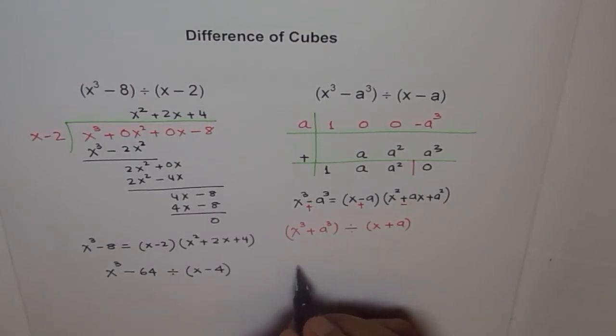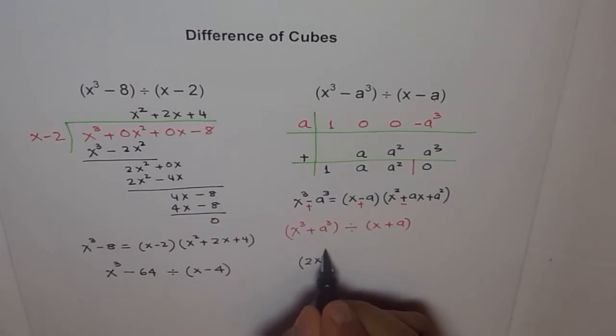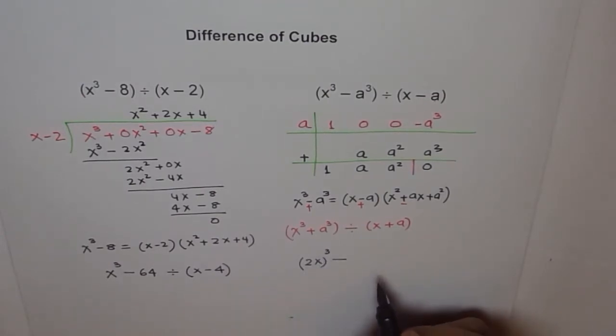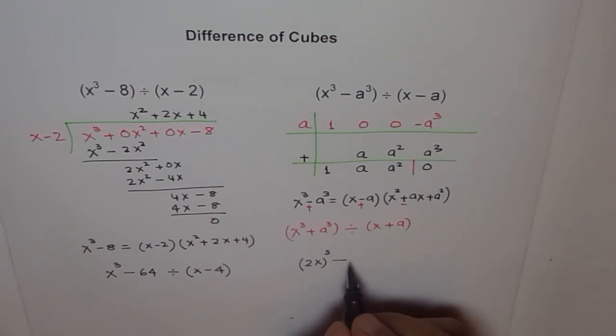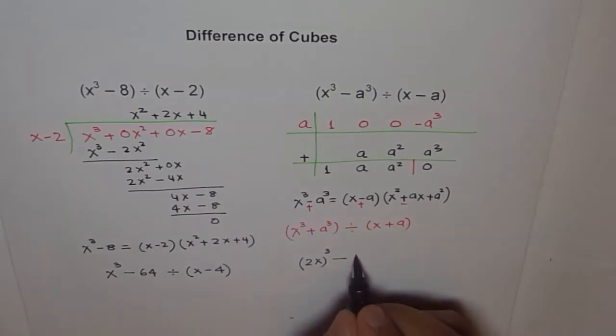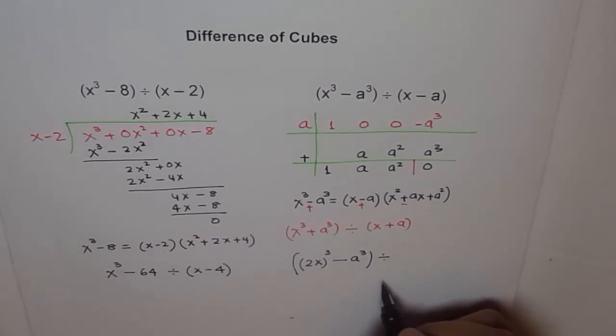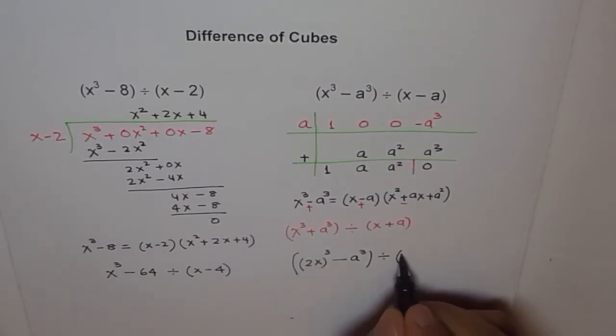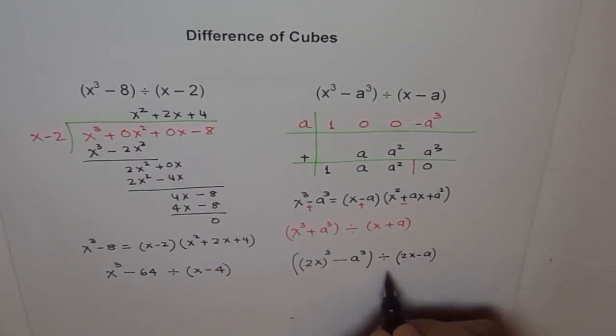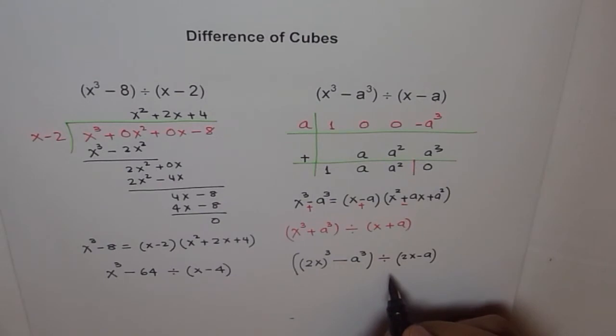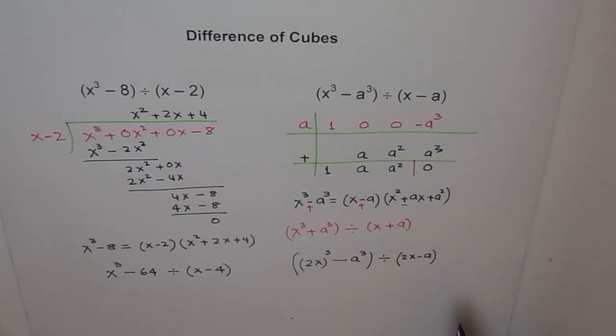And you can also write here (2x) whole cubed minus, let's say, a cubed, this is the whole thing, divided by what? 2x minus a. See what you get. Correct? Try these questions, okay, with both long division and synthetic division and see what results you get.